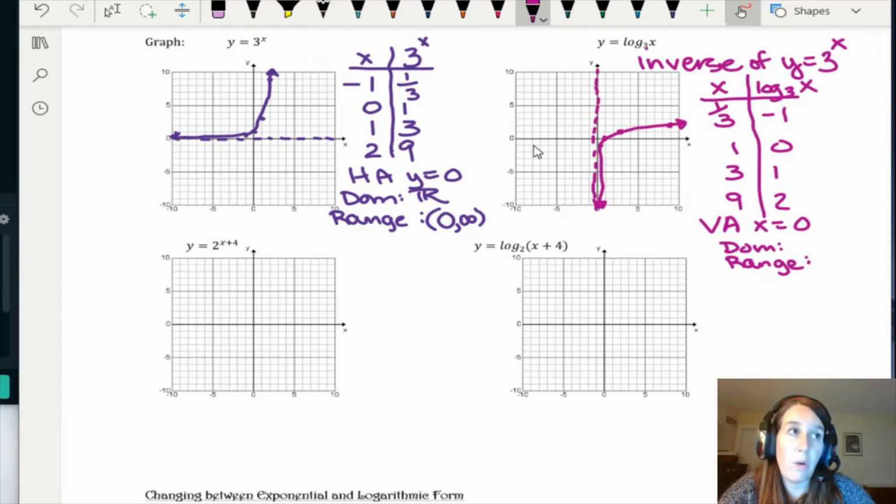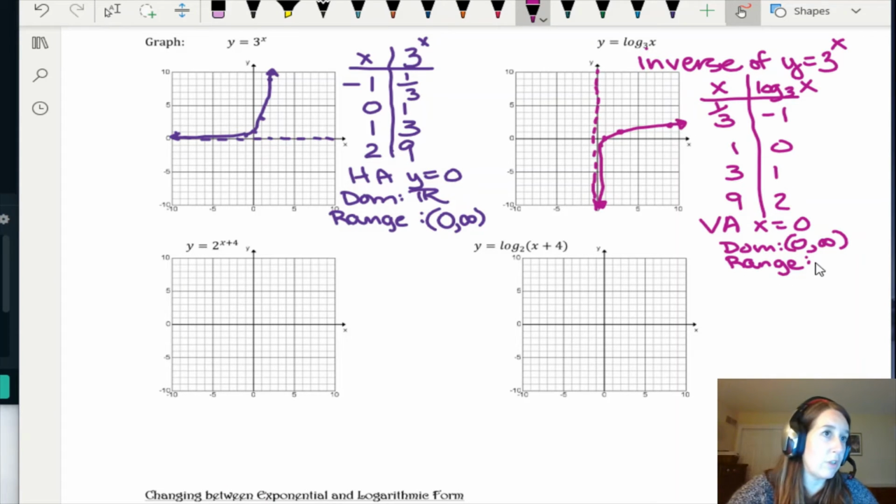The domain is definitely not all real numbers this time. Notice there's no negative x values. In fact, x starts right after 0, so parentheses 0 to infinity. Now the range starts at negative infinity, and then the y values continue going up forever. So the range this time is all real numbers.